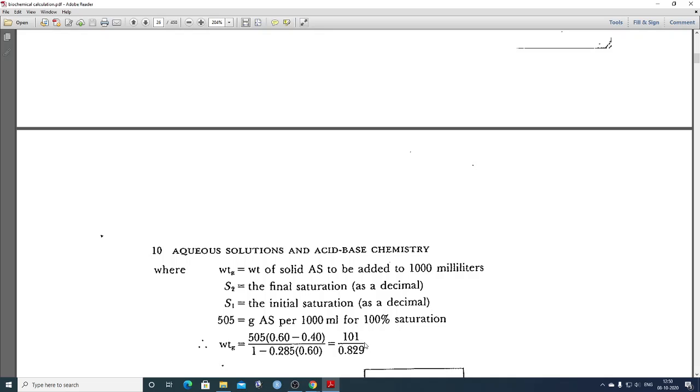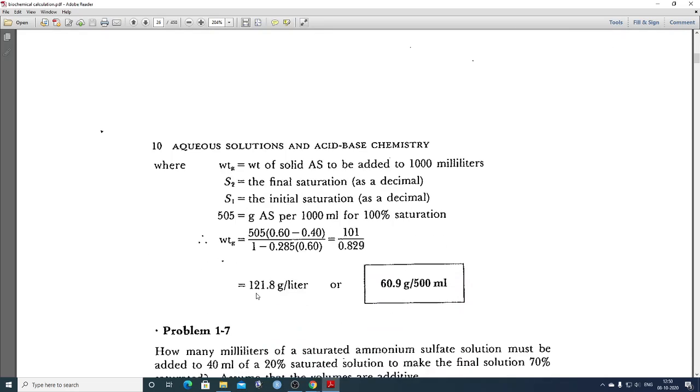So that is 101 divided by 0.829, which is 121.8 grams per liter. So 60.9 grams per 500 ml, dividing by 2. You need to add 60.9 grams per 500 ml.